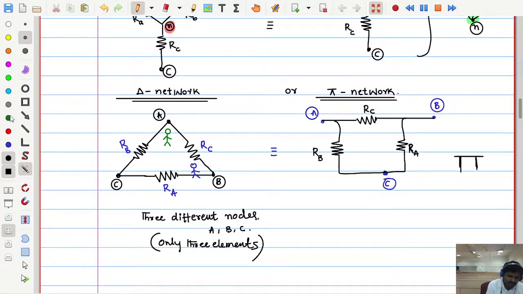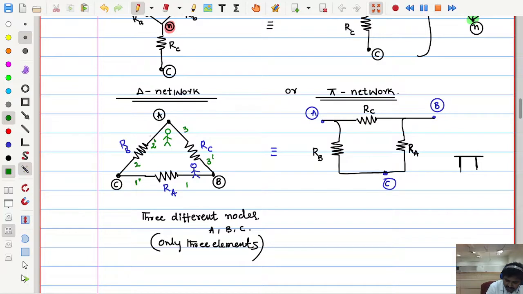If you want a more generalized way, you can think like this. If this is one terminal, its other terminal is 1 dash. If this is the second terminal, its other terminal is 2 dash. If this is the third terminal, its other terminal is 3 dash. The end terminal of one resistor I am connecting to the starting terminal of the other.